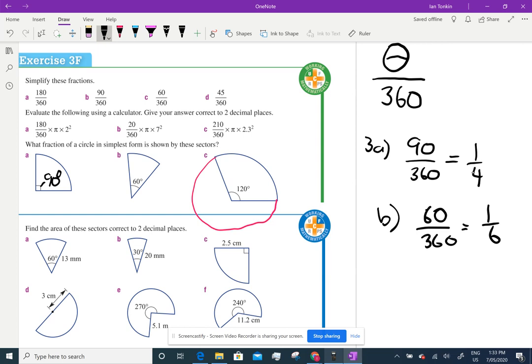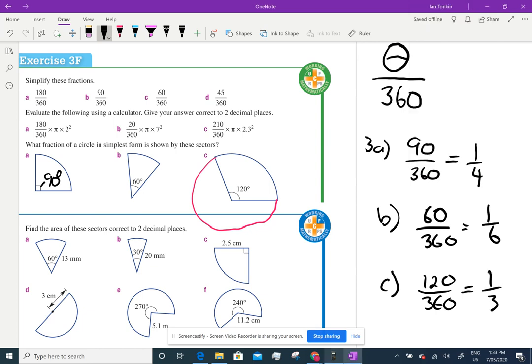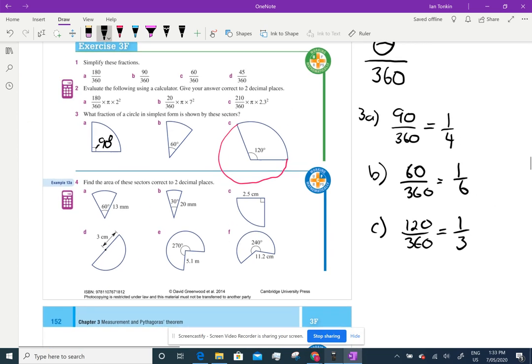And the next one is 120 over 360. And I already know, but we'll use a calculator. A third. So finding the fraction is actually pretty easy.